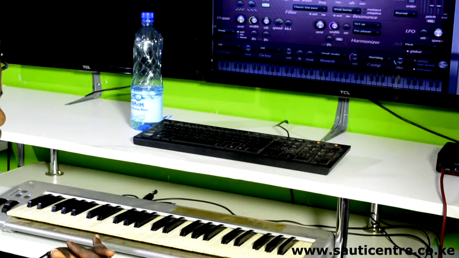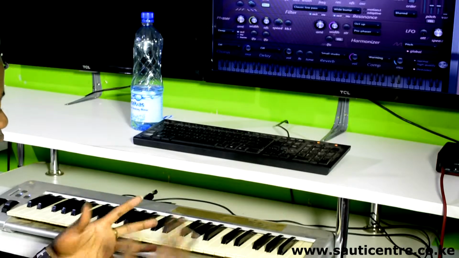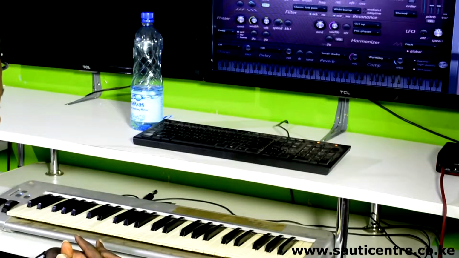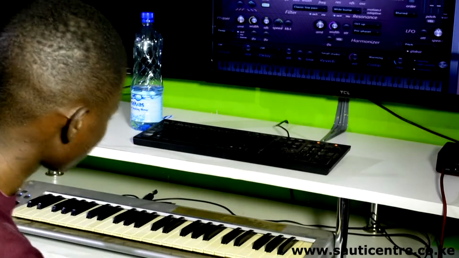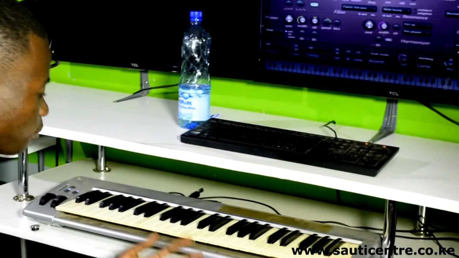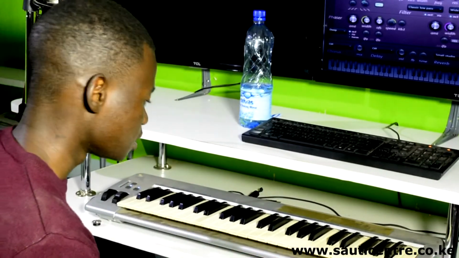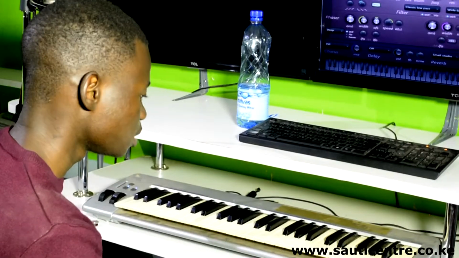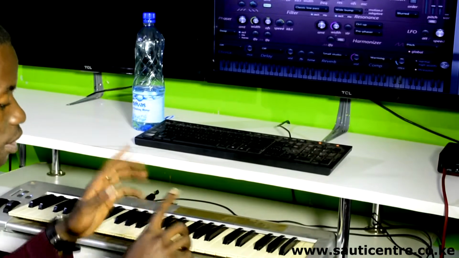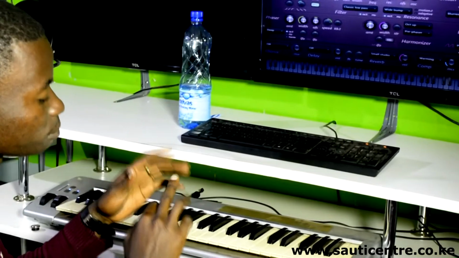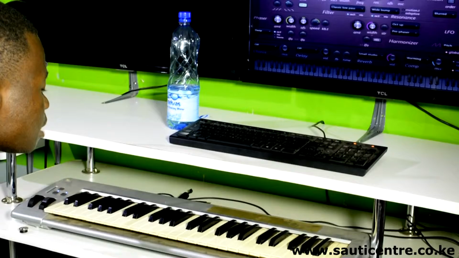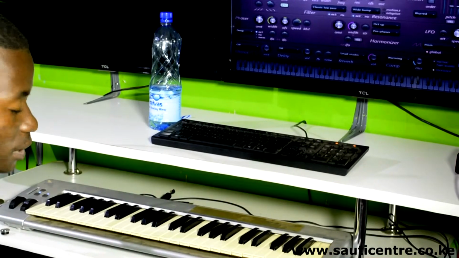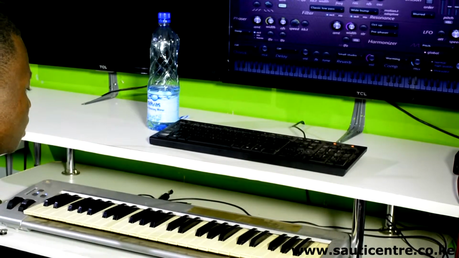So let me give a quick fingering on C. I thought I should have done it in another tutorial, but for the sake of this tutorial, let me do it in C, because we are talking about C. So in C we use finger number 1, 2, this is finger number 3, finger number 4, and finger number 5. So the thumb is 1, the index number 2, the middle finger number 3, the ring finger number 4, and the pinky number 5.